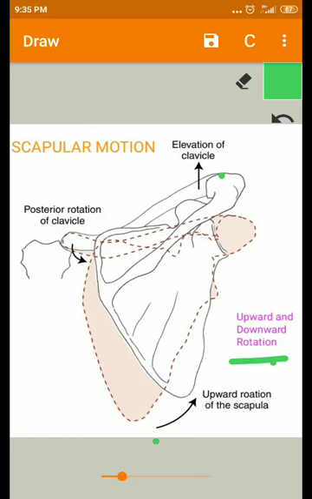Okay, so here the scapula also has some translatory motions like elevation, depression, protraction and retraction.